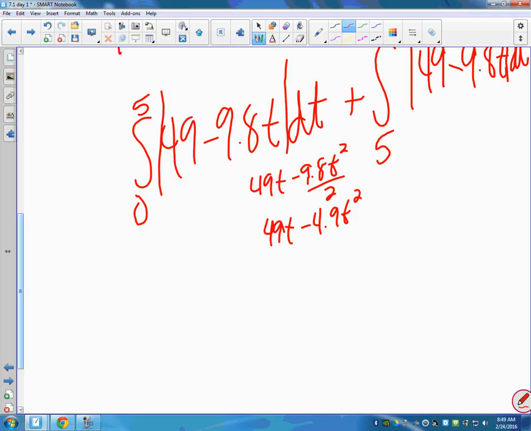So from 0 to 5, and then I'm going to do the same thing from 5 to 10. The mistake that people make is they take the absolute value at the very end. But remember, this is absolute value added to this absolute value.